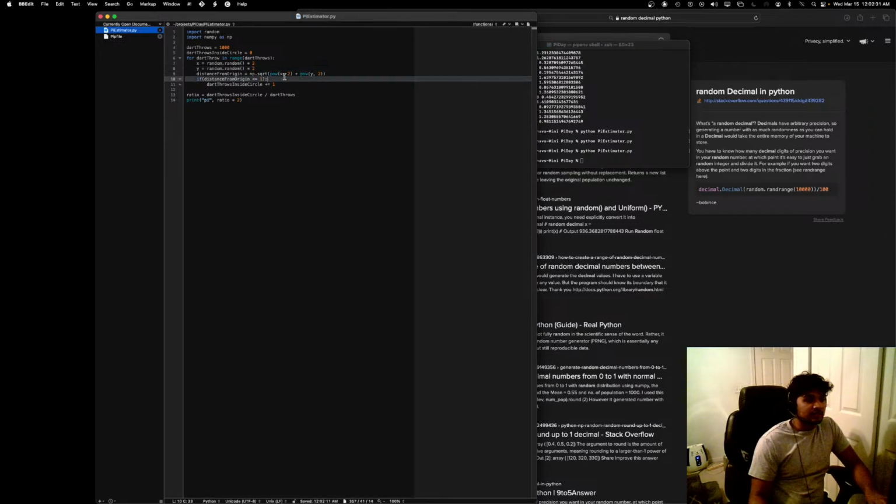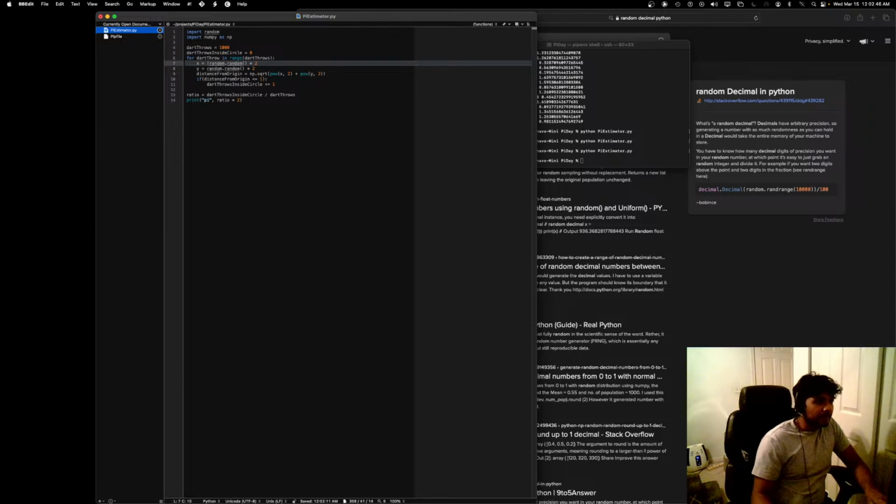Oh, this is obviously not right. See, we have to do minus 0.5. Right, we shifted 0, 1 back 0.5, times 2 goes to 1. Yeah, that seems right.